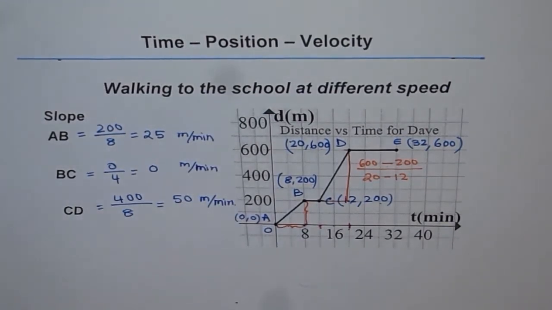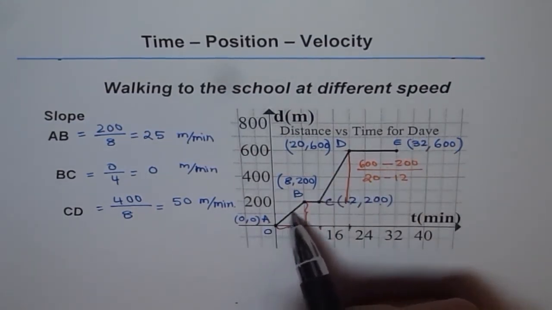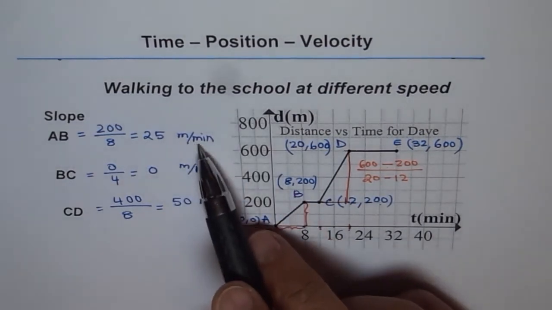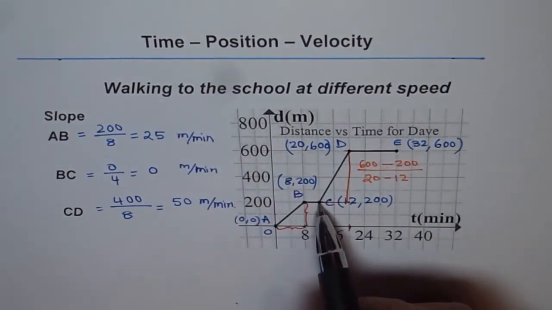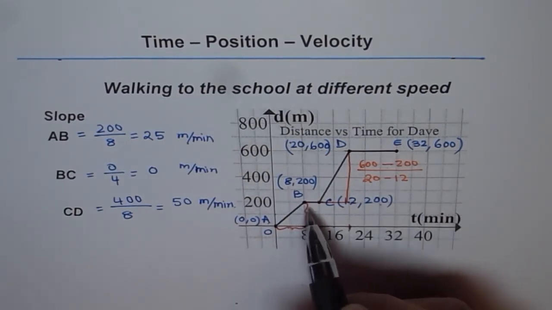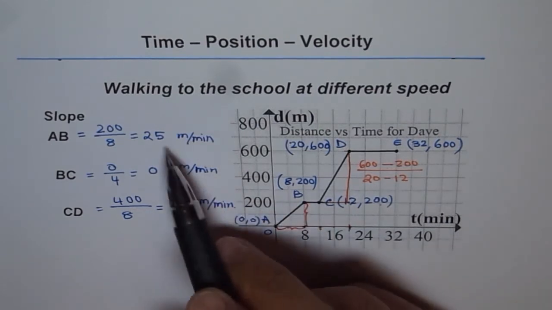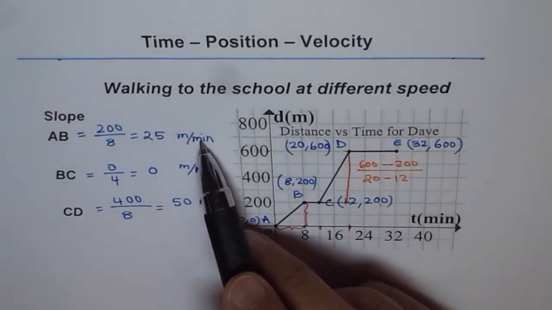So what we notice here is that Dave is walking to the school in the first leg at the speed of 25 meters per minute. Then he stops for 4 minutes. So what we notice here is that Dave walks in the first leg from A to B at a speed of 25 meters per minute.